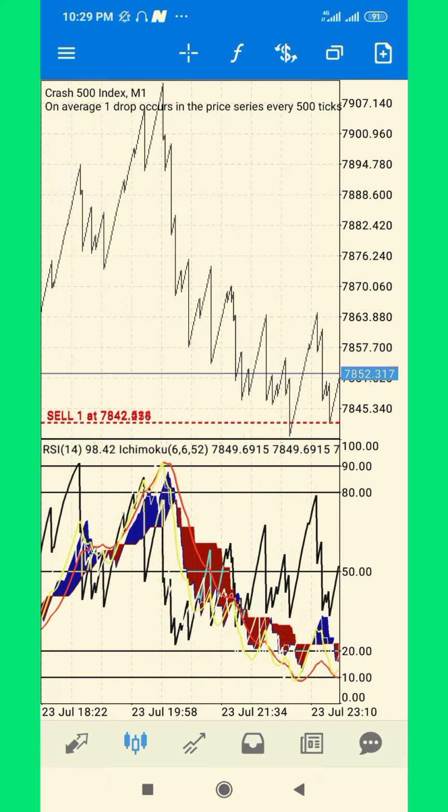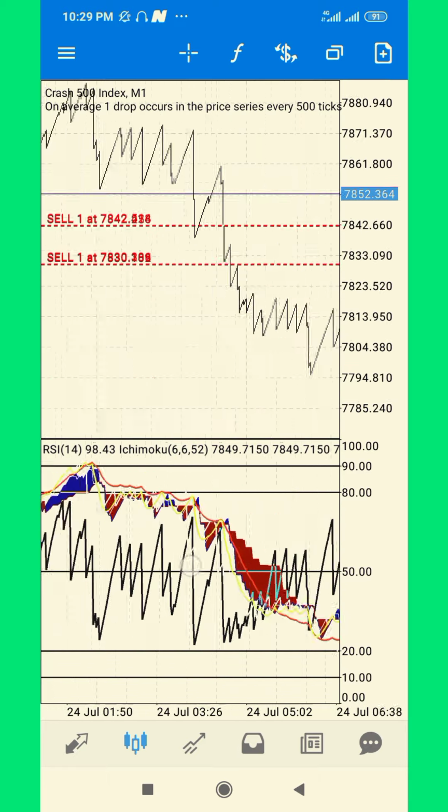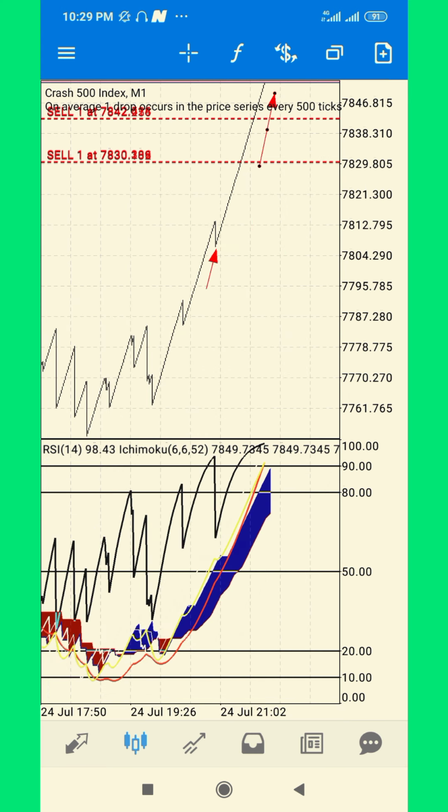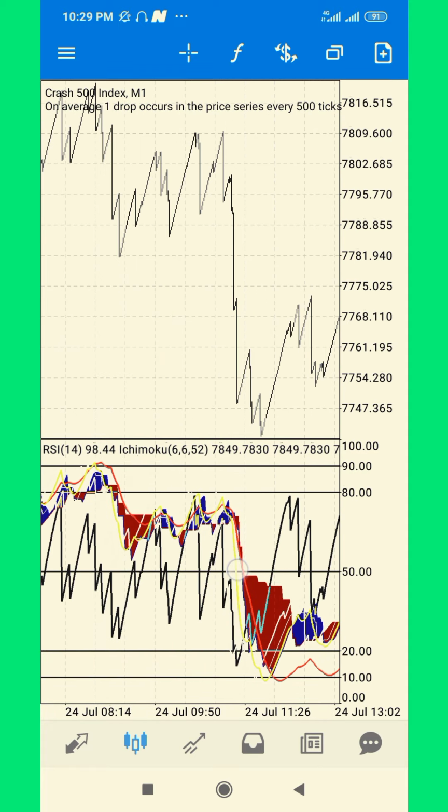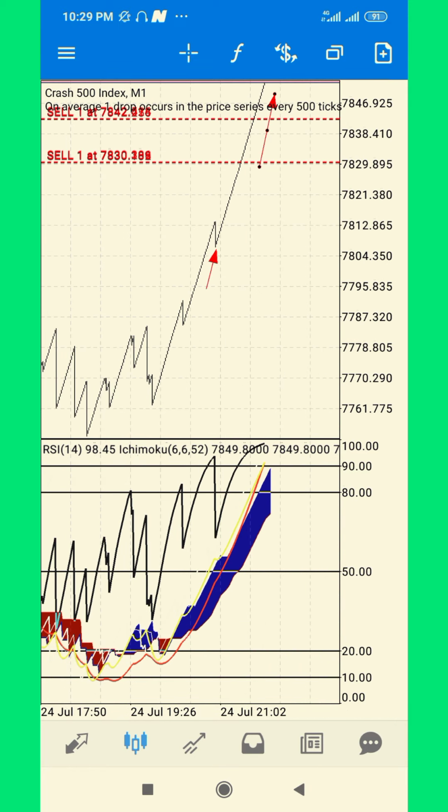Okay. Now let me show you something, maybe using this market, before I show you the previous market. You can see that in this market we have 3 indicators, as I have told you before now.